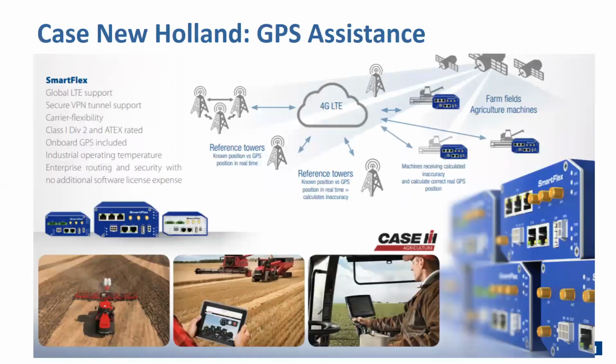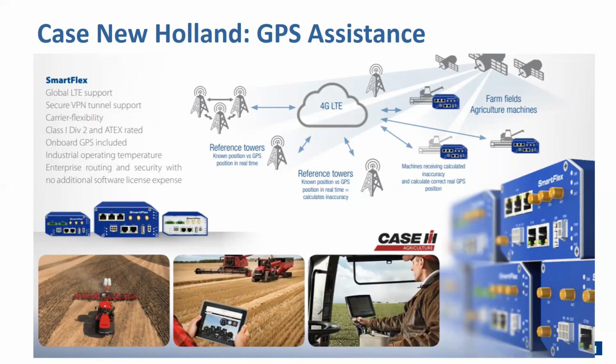Okay, we had a smart ag application example earlier. This is an example of the SmartFlex being used to optimize the GPS capability of Case New Holland. So this is a major global ag equipment manufacturer. In this case, the SmartFlex is used basically to get real precision ag.